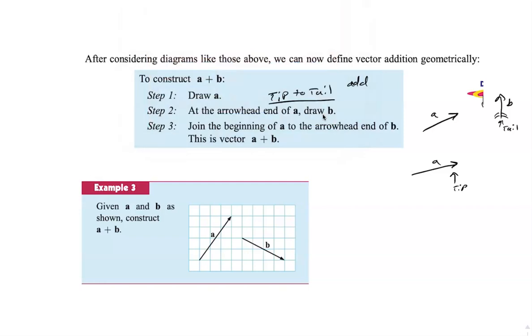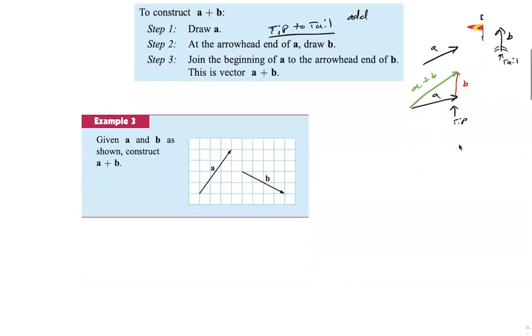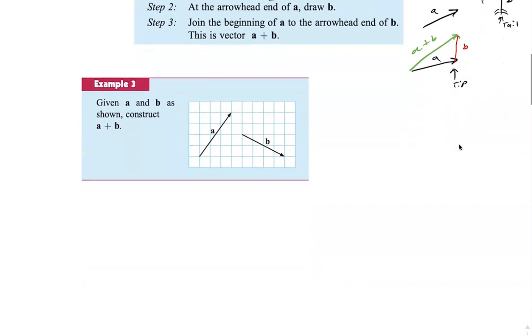So you're adding the tip of the first vector to the tail of the second vector, and then the resultant is just connecting from here to there. That's A plus B. It's all about adding tip to tail.